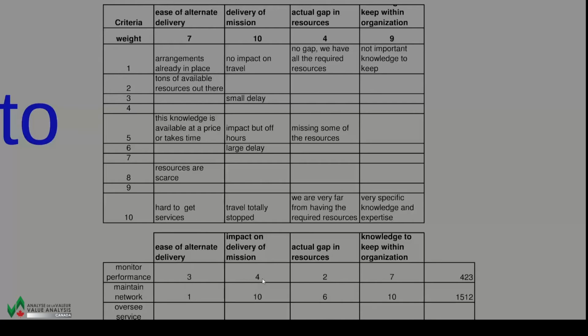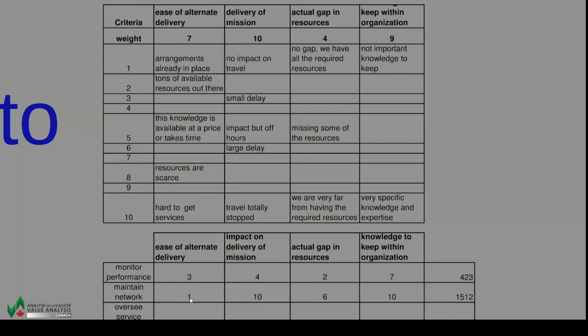Not very big impact on the travel. Not a very big gap, but it is something that we would like to keep within the organization. So if you multiply each score by their weight and then multiply them together, you get a priority index of 423.